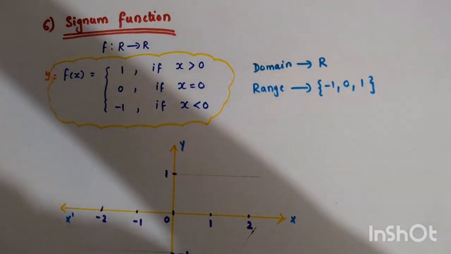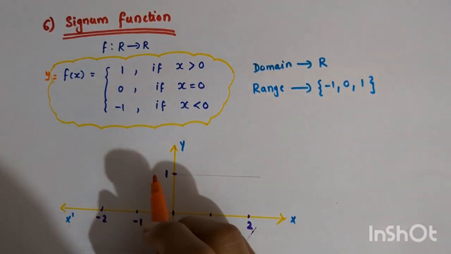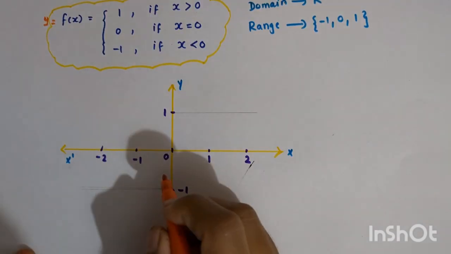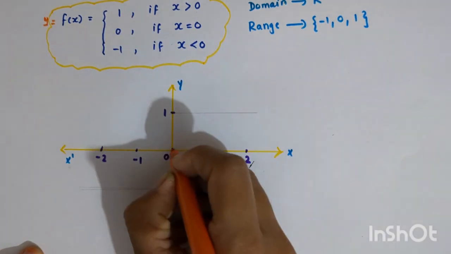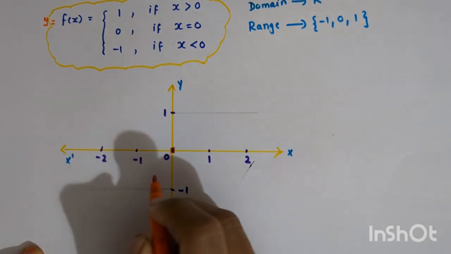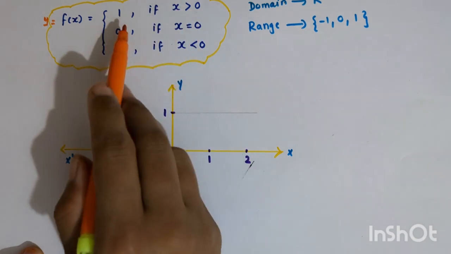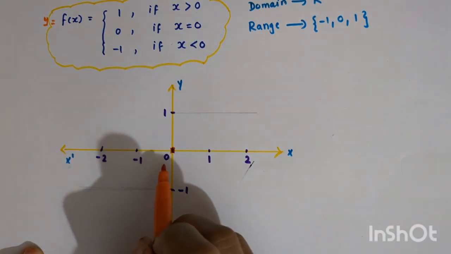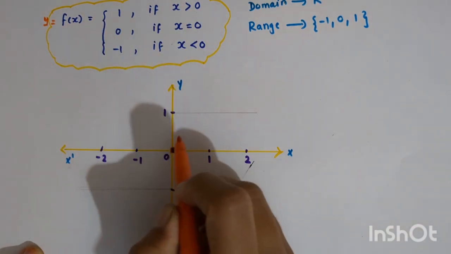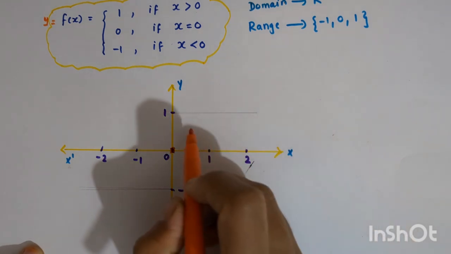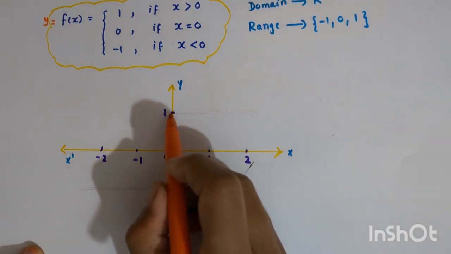Now, let us see what the graph of the Signum function looks like. When x is equal to 0, f of x is 0, so we get a point here. For all values of x greater than 0, f of x is plus 1. That is, from 0 to the right side, the value will be plus 1, but not at 0.